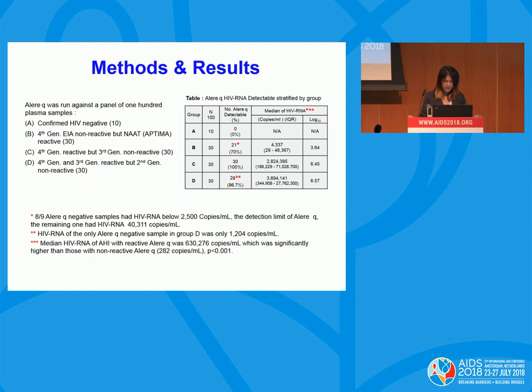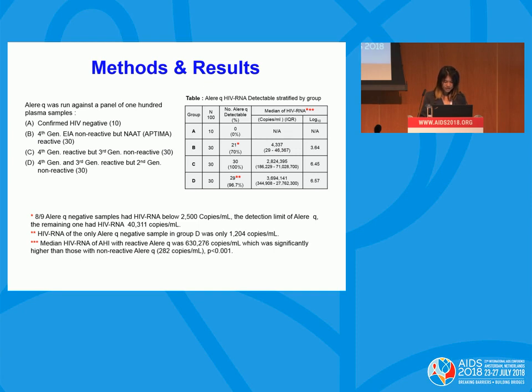Eight of 9 Acute-negative samples had HIV RNA below the detection limit of Acute, 2,500 copies per ml, and the remaining one had HIV RNA of 40,311 copies per ml. This sample was repeated for both HIV RNA and Acute with the same result.